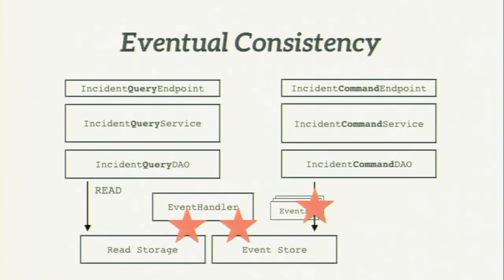Or you might run into a risk with updates against the read storage. How transactional are these updates? Are these updates actually a part of the issuing of the event against the event store? Usually not. So you have a consistency risk as well. And depending on the technology that you use on the read store, you might again run into consistency issues here.